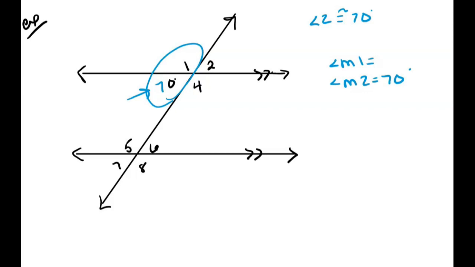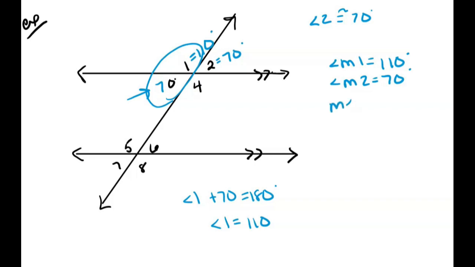So that means that angle 1 plus 70 has to equal 180. So if we do a quick little math, the measure of angle 1 has to be 110. All right, so this guy is 70. This guy is 110.